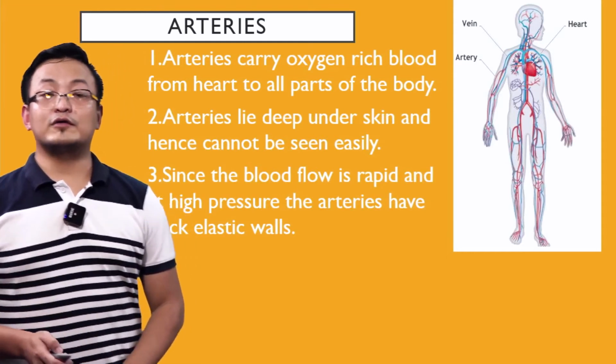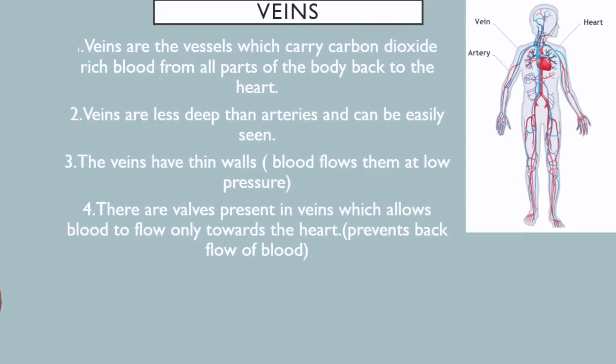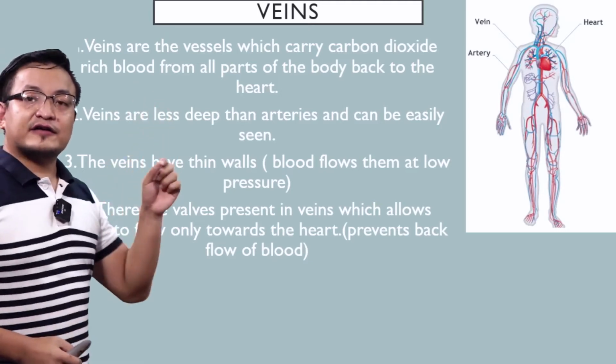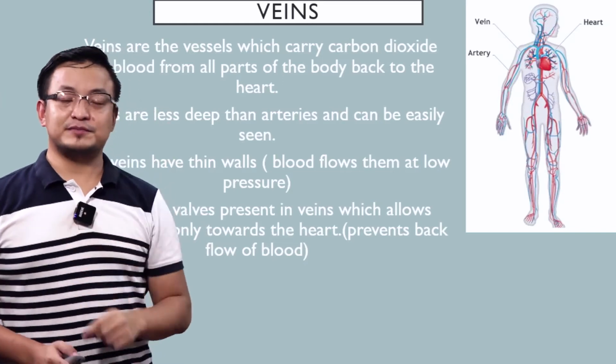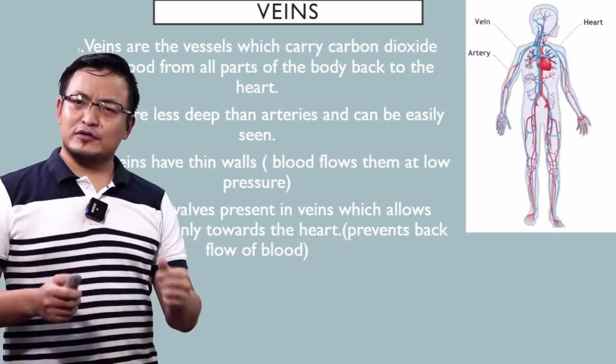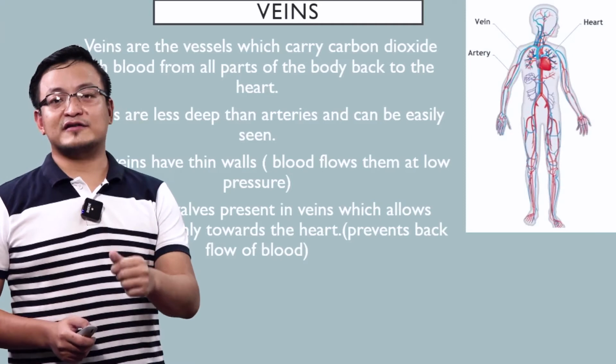Now let's discuss the second blood vessels, that is veins. You can have a look here, students. Veins are the vessels which carry carbon dioxide-rich blood. What about arteries? Just now we discussed arteries, right?